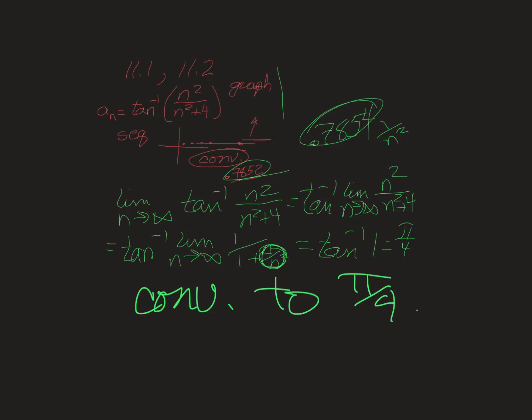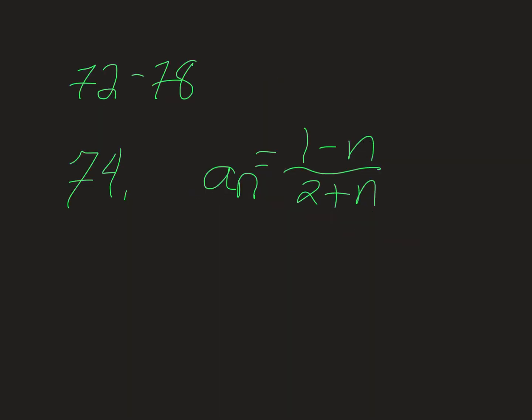So let's look at another problem. Here's our sequence. The directions say determine whether the sequence is increasing, decreasing, or not monotonic. Is the sequence bounded? Now, there are a couple of ways we could do this.